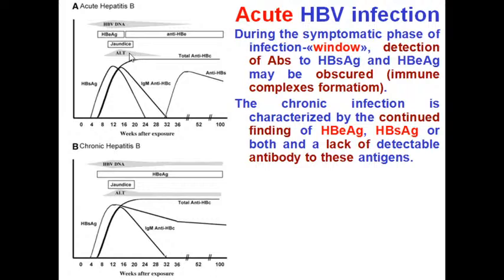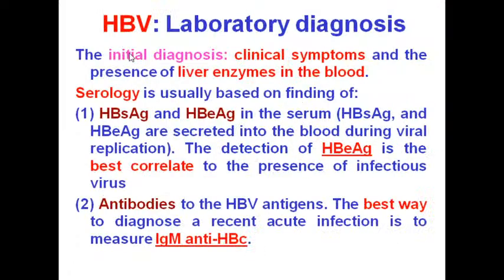And the presence of bilirubin in the blood. But these tests will be seen in all acute hepatitis virus infections, right? So that's why the differential diagnosis can be done based on serological examination.